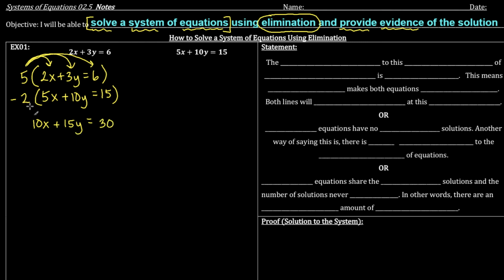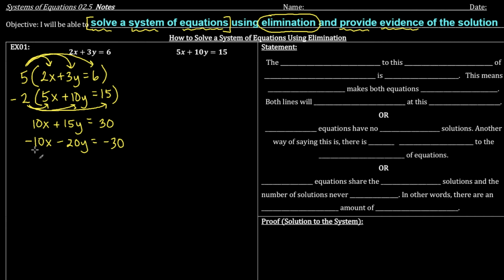All right, so for the negative, a negative times a positive is a negative 10x, which is what we want. Negative times a positive is a negative 20y. And a negative times a positive is a negative 30.